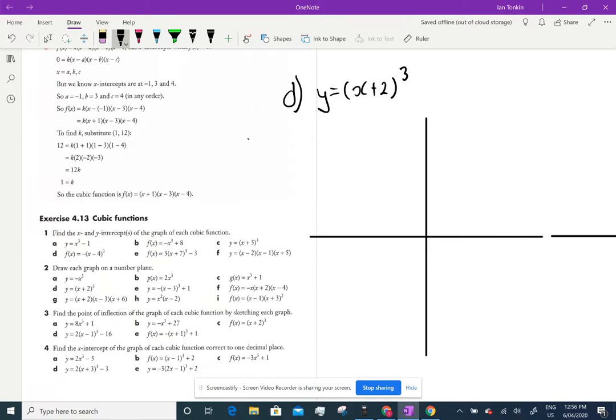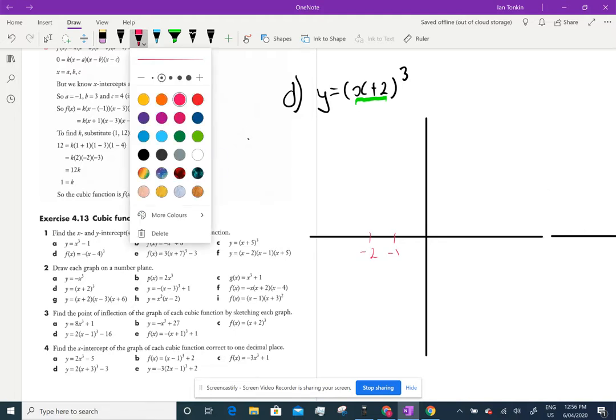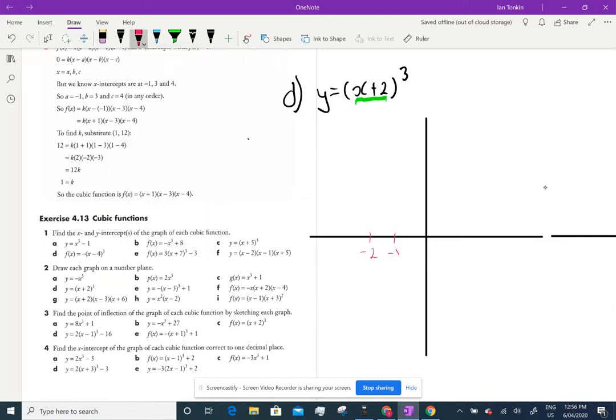If it's with the x, it's going to move it left or right. Now, how do I know whether it's moved left, or how do I know if it's moved right? I look at that and I go, what's going to make that 0? And the value of x that's going to make that 0 is -2. So -1, -2. So this graph has just essentially moved left 2. So it's coming there.